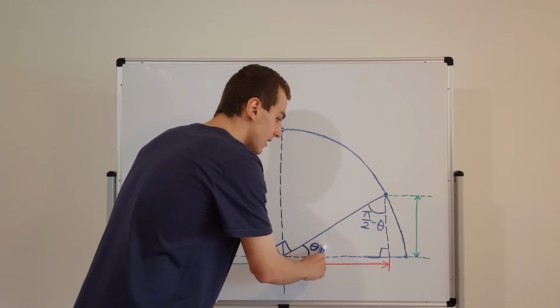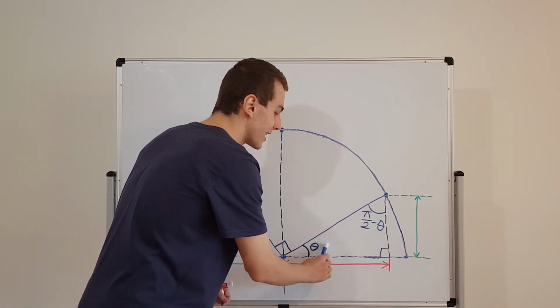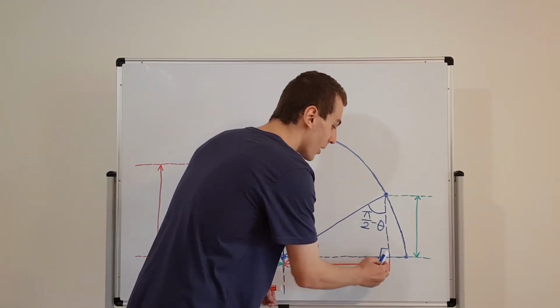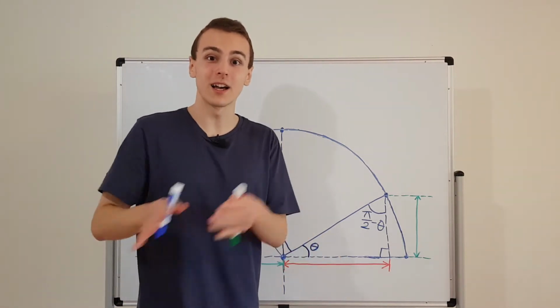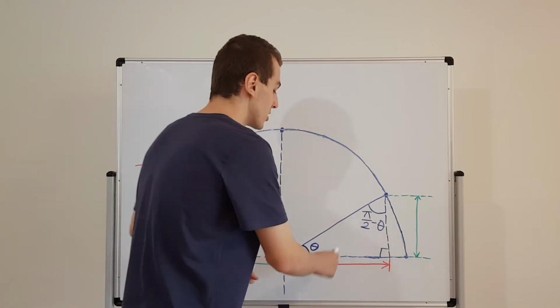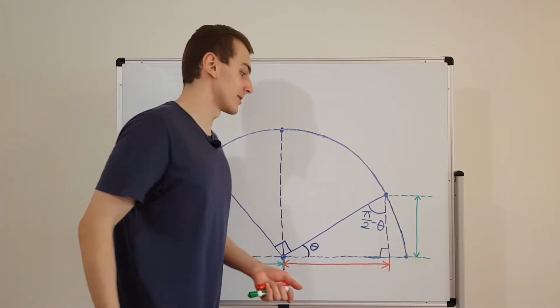If we have theta and we add to that pi on 2 minus theta, this minus theta and this theta are going to cancel each other out. So we'll just be left with pi on 2, and this is pi on 2. Pi on 2 plus pi on 2, that's pi. So we have a half plus a half, and that's a whole. So this is actually satisfied. These guys will add up to 180 degrees, which is pi radians.